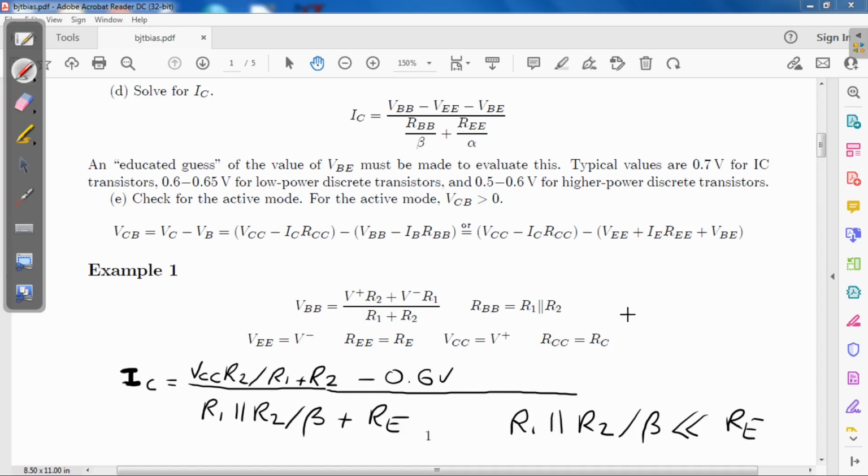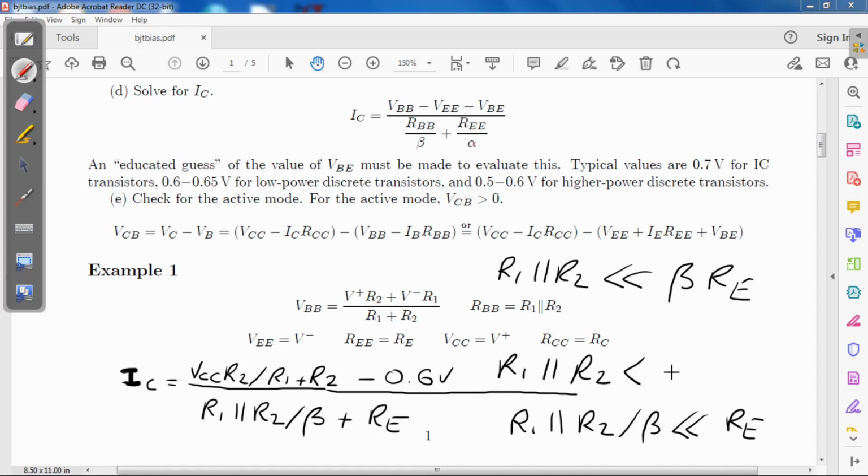Okay? In other words, you want R1 in parallel with R2 to be much less than beta RE. So basically in reality you would say R1 parallel R2 should be less than 1/10 beta RE.